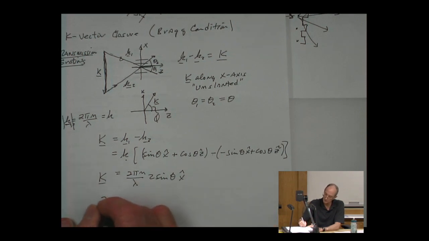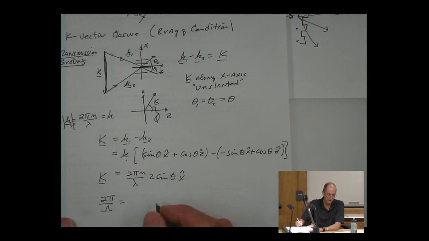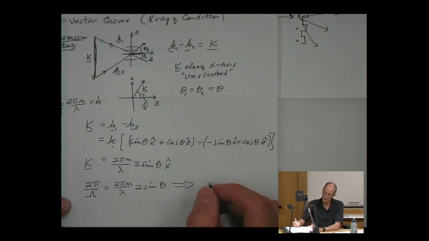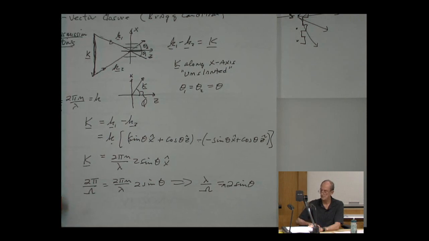And so the magnitude of this, 2 pi over the period, is equal to 2 pi n over lambda times 2 sine theta. Crossing out the 2 pi's, we end up with lambda over the period is equal to 2 sine of theta. I guess we need an n in there too, right? 2n sine theta.